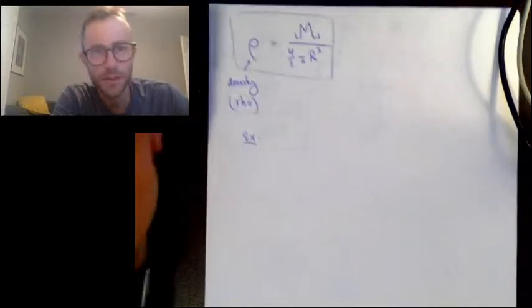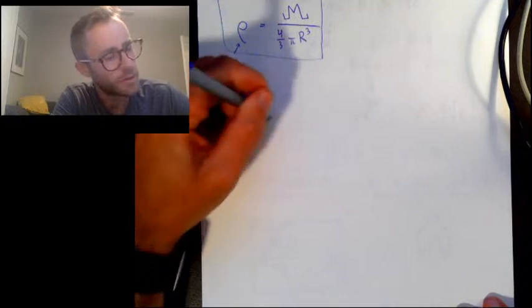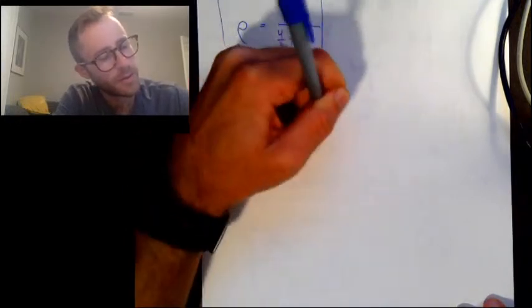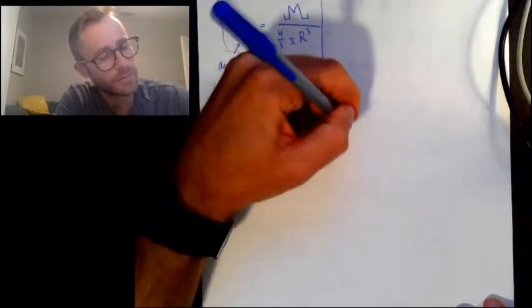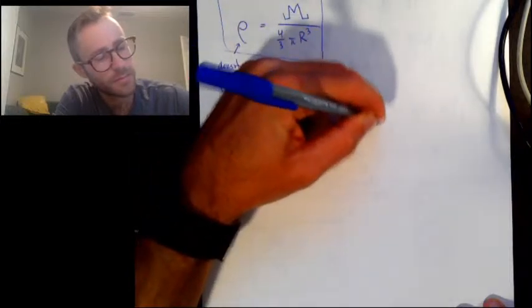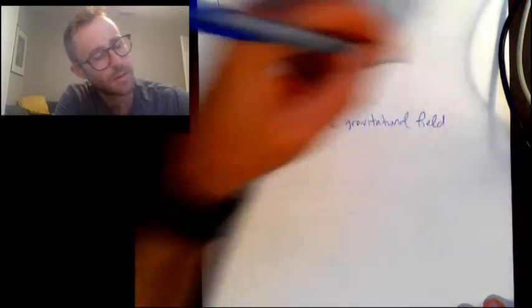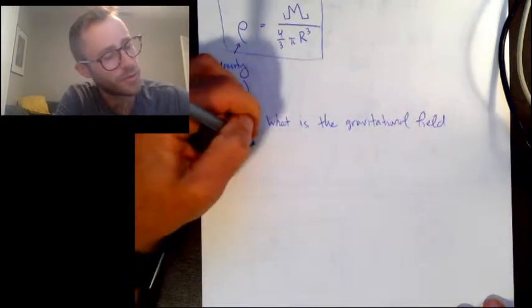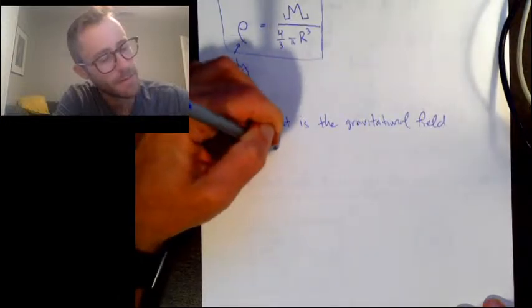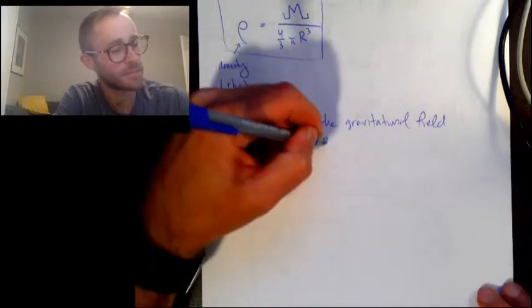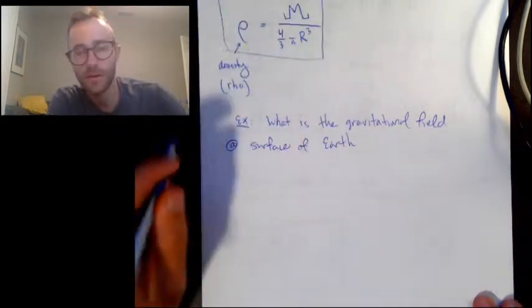The first one is very simple. It's what is the gravitational field at the surface of the Earth? Okay?